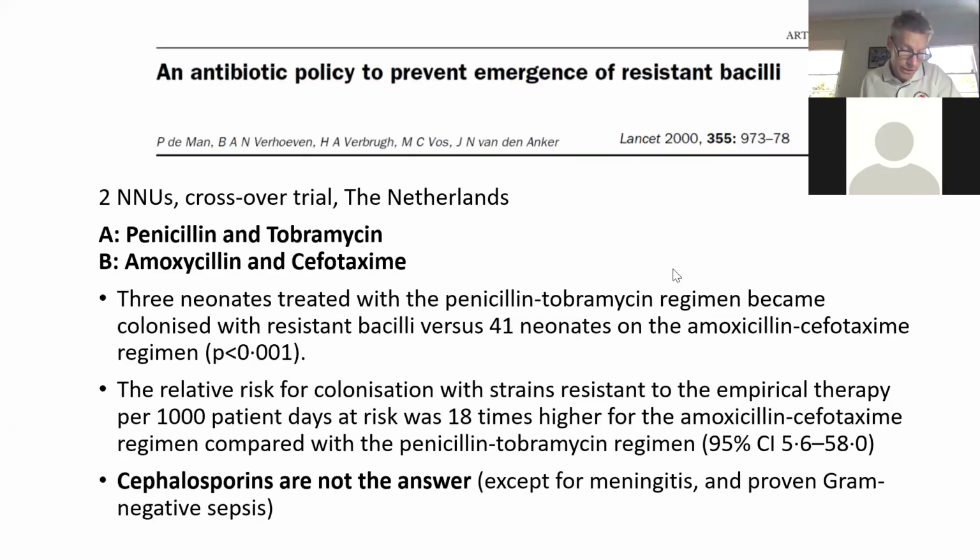I wanted to briefly mention how important it is to stick to standard treatment antibiotics. And as you know, we've tried to limit the use of third-generation cephalosporins, and that's because if you give too many third-generation cephalosporins, you just drive resistance.